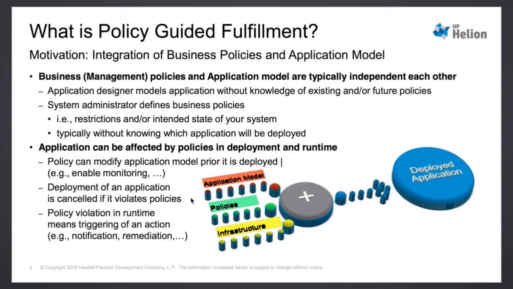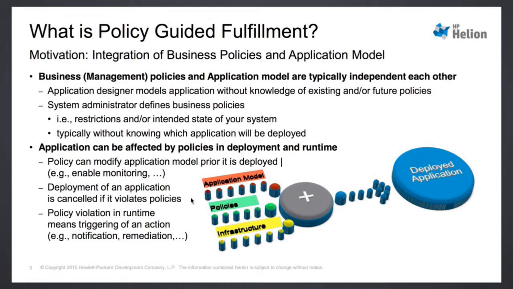And of course, deployment is not the final stage of the application life. The final stage of an application is something which we call decommissioning, but prior to that, there is a long time in the runtime phase where the application is running and something can go wrong. So we want to use policies also for checking whether the application is behaving correctly, whether it is running correctly, and if not, to do some, let's say, manual or automatic remediation action.